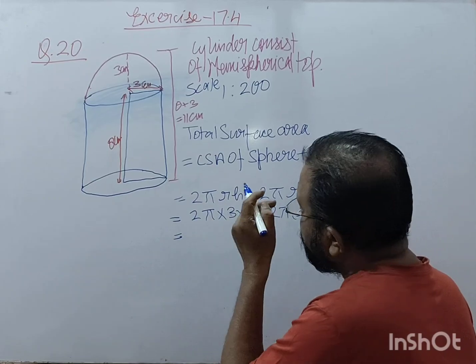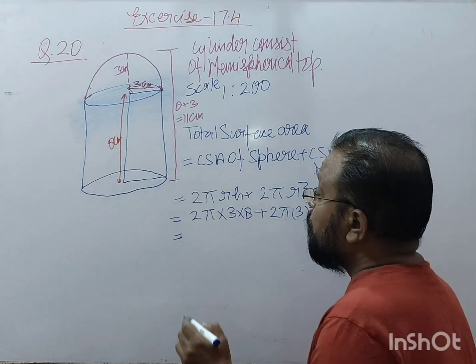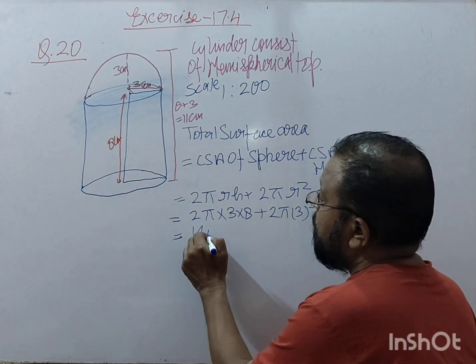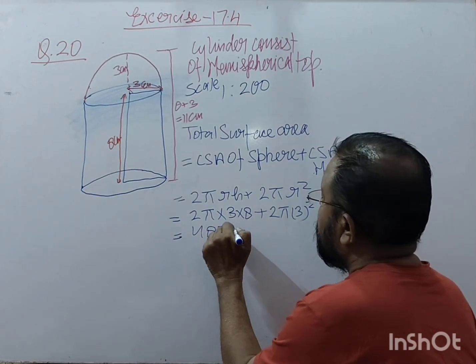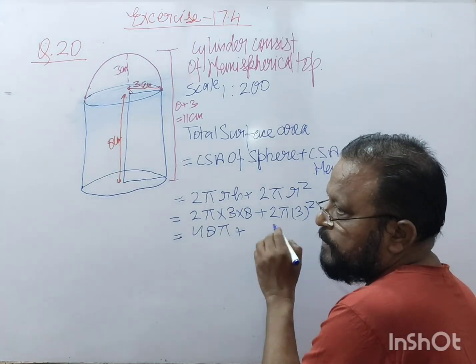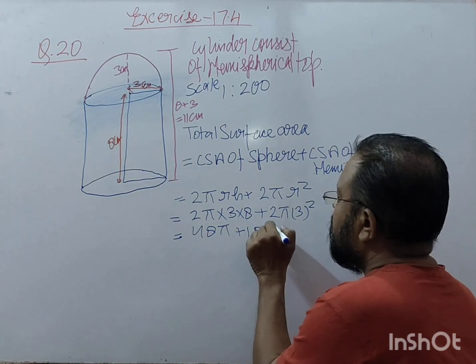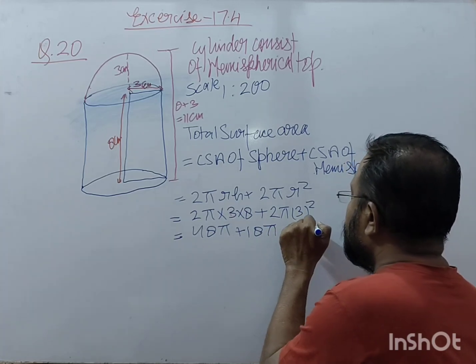So how much do we get? 3 times 8 becomes 24, 24 into 2 becomes 48 pi, plus 3 times 3 becomes 9, 2 times 9 becomes 18, so 18 pi centimeter square.